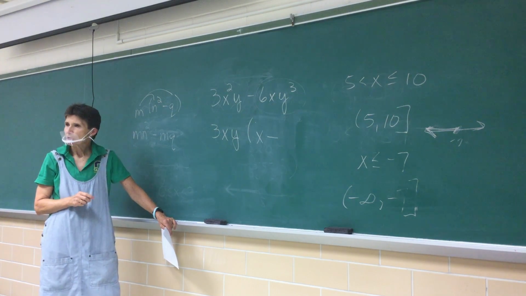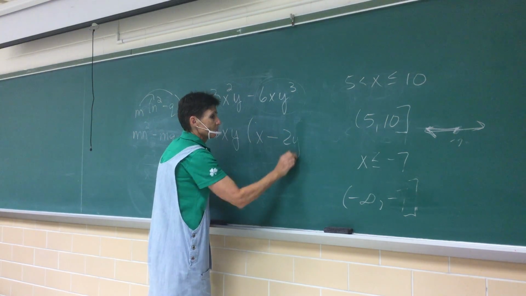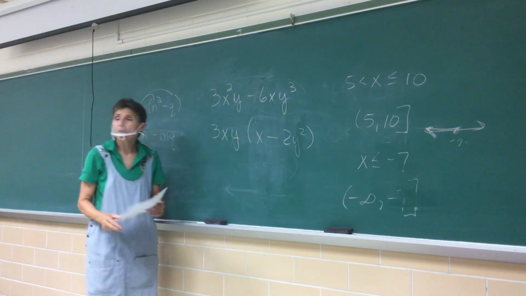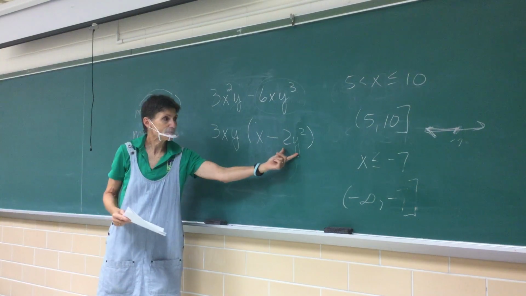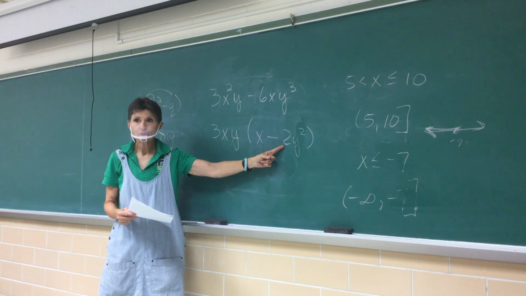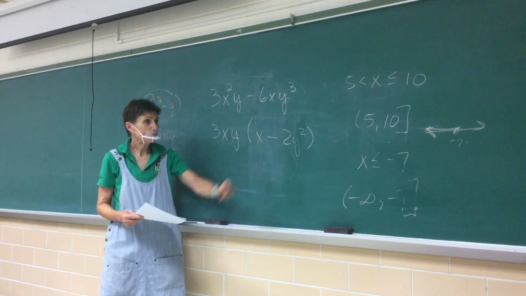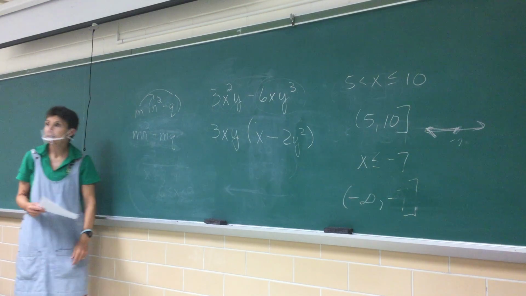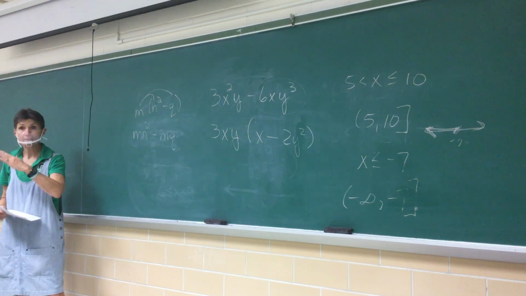And what will that leave us with? 2y squared. Remember, when we distribute it back, if we take this times this, we need to get this, right? So that has to be a 2. It can't be a 3, because 3 times 3 would give you a 9. That has to be a 2y squared. Very nicely done. The distributive property works both directions.